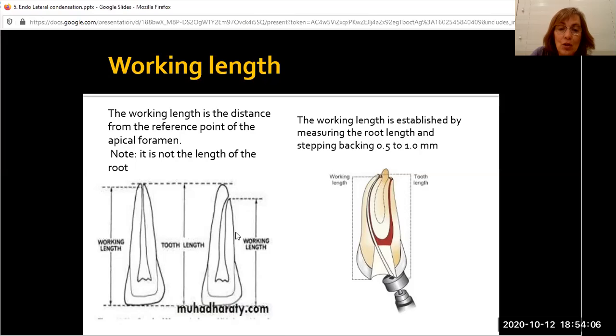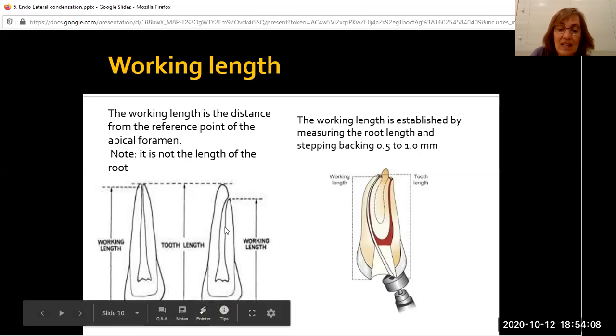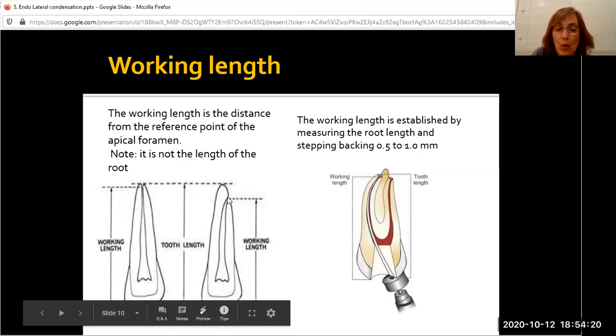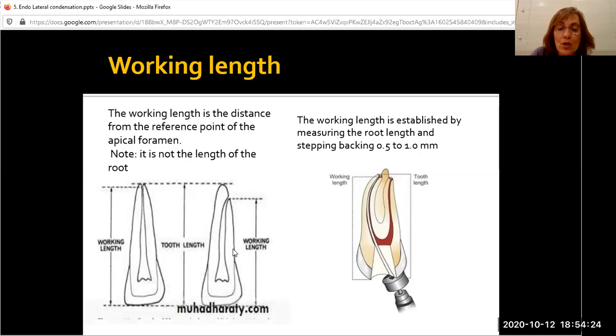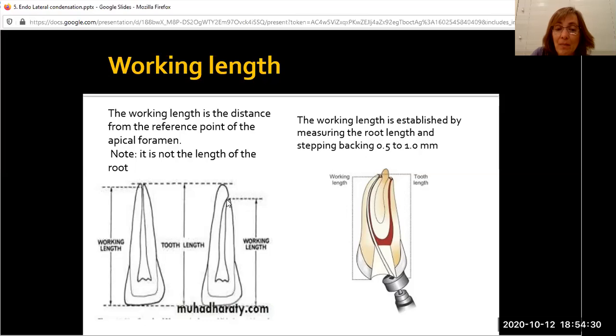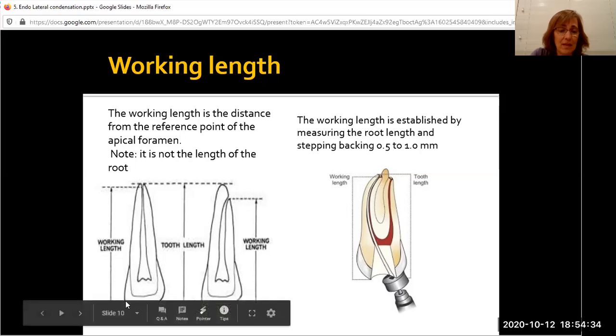The aperture is not necessarily always at the apex of the tooth. In this diagram, you see it's off more to the lateral side of the root. So your working length would be wherever your reference point is, all the way to 0.5 millimeters short of the foramen.